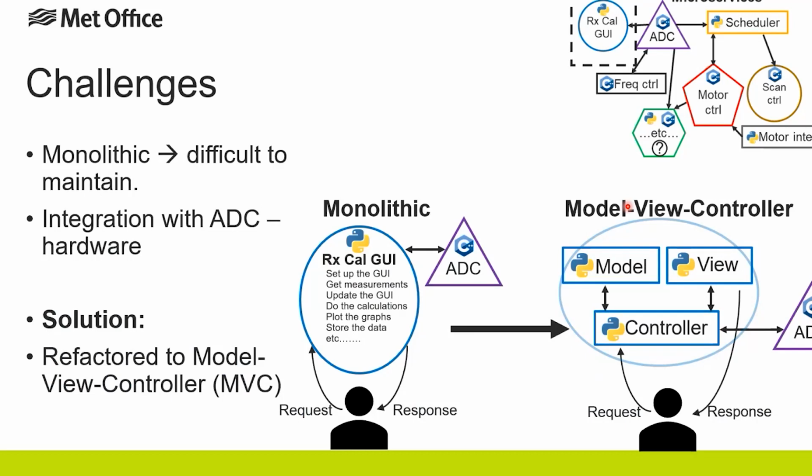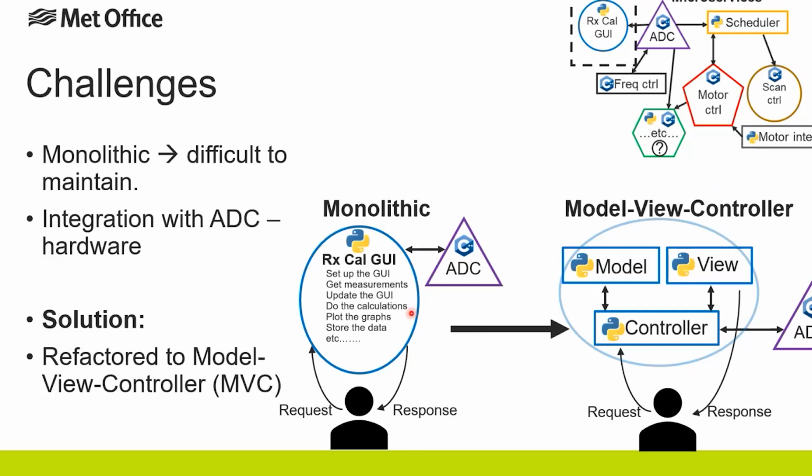So some of the challenges that I faced when doing this work. So again, if we look at the different services of Cyclops and then focus in on the receiver calibration GUI. When I first started doing this work, I had everything in one big monolithic chunk of code, which I found quickly was very difficult to maintain and make any changes.